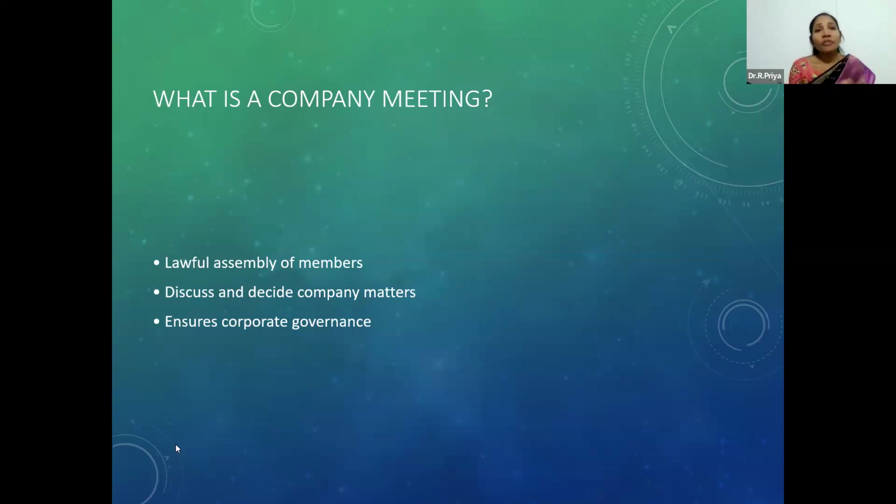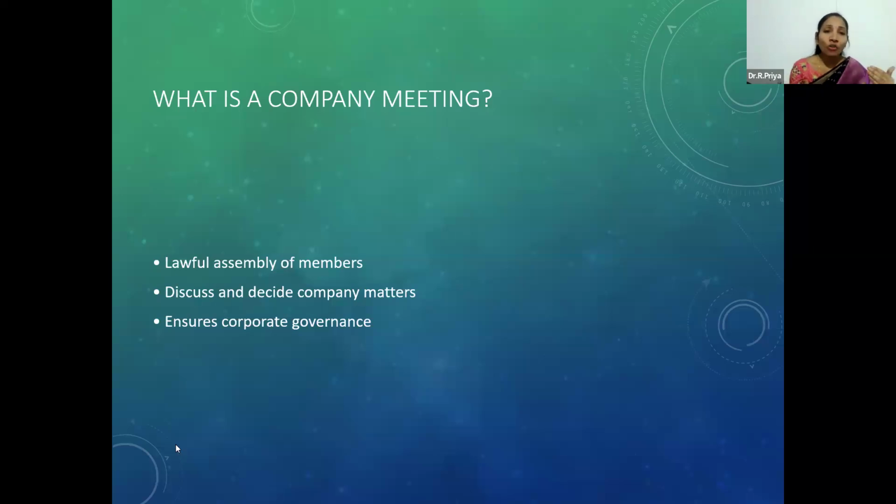Then, lawful assembly of members. The term lawful is very important. A gathering becomes a company meeting only when it satisfies the legal requirements, such as proper authority to convene the meeting, then issue of valid notice, then the presence of the required members, that is quorum, then conduct of the meeting with statutory procedures.